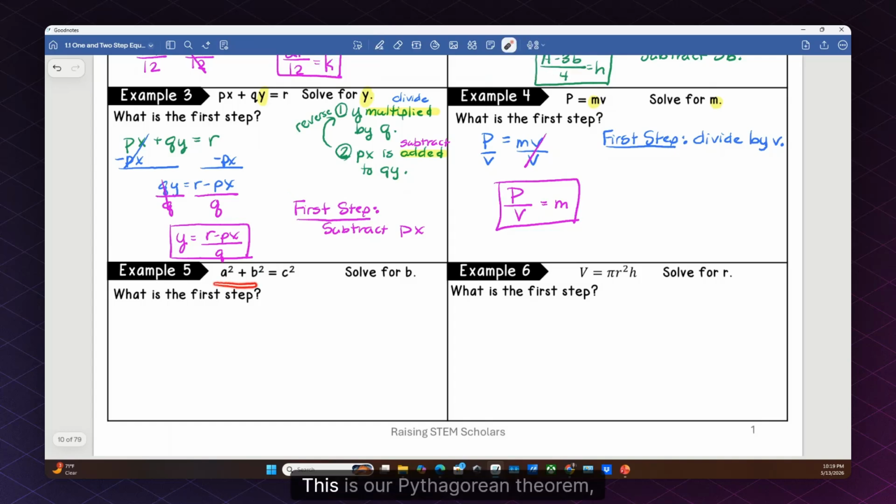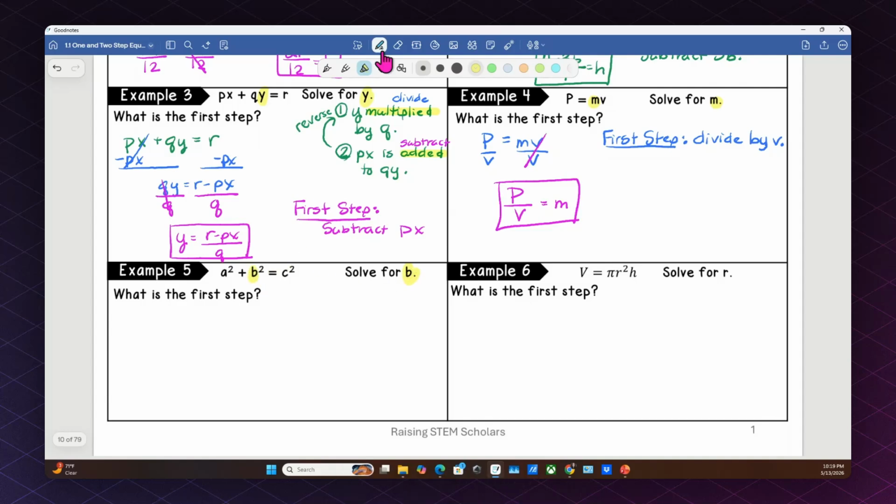Okay, we have this. This is our Pythagorean theorem, right? a squared plus b squared equals c squared, and we need to solve for b. So what is the first step? Well, let's highlight where b is. So we're solving for b right here. And so we can see our first step.